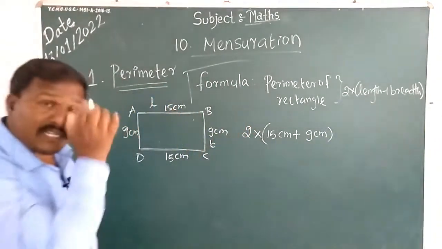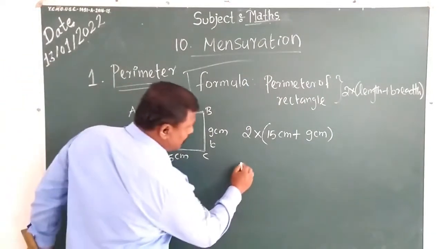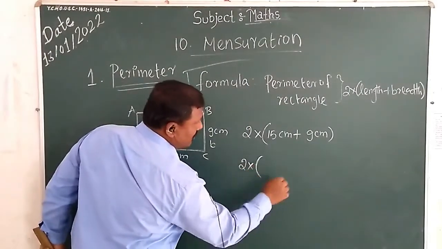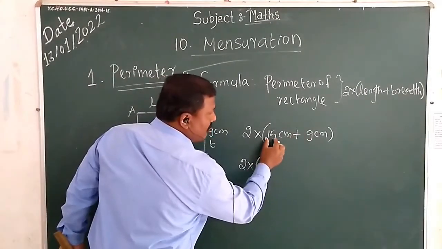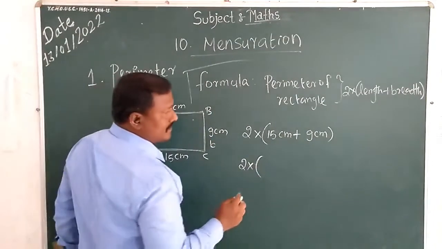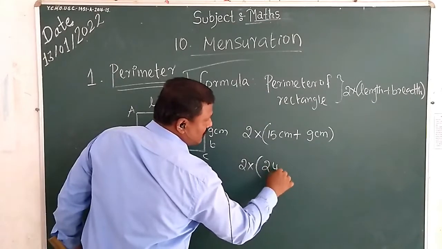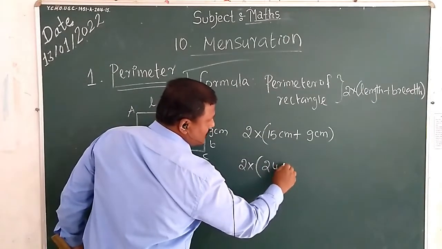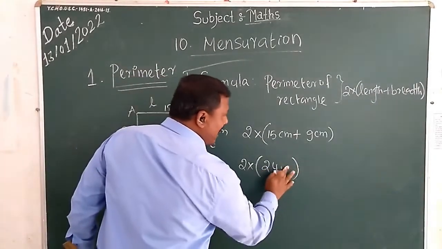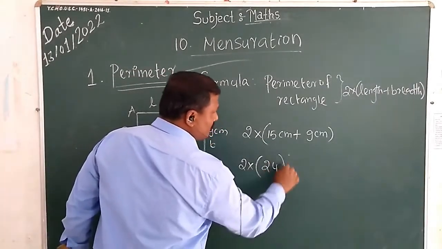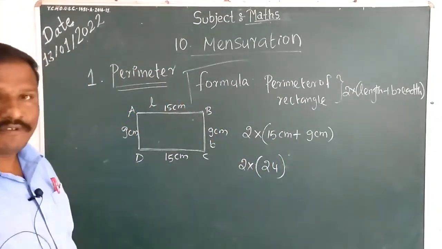Now we want to find the total perimeter of the given figure. The total perimeter is 2 into, first we add the values, length plus breadth. 15 plus 9 is 24.